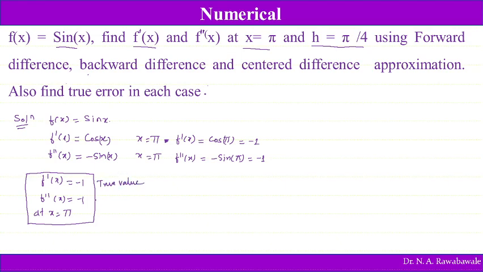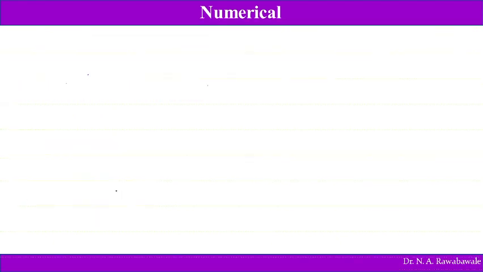To simplify this, we start with xi is equal to pi, and we know h value as pi by 4.